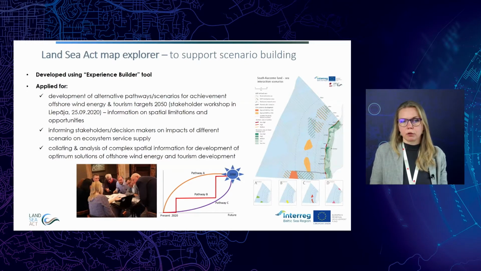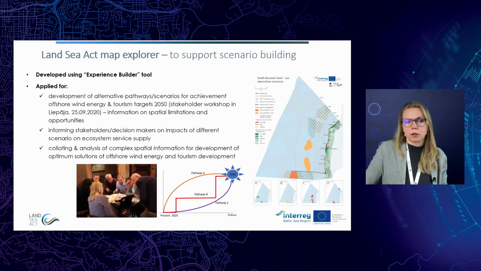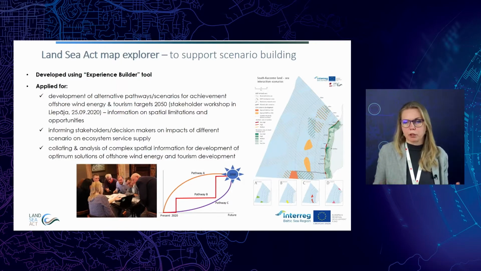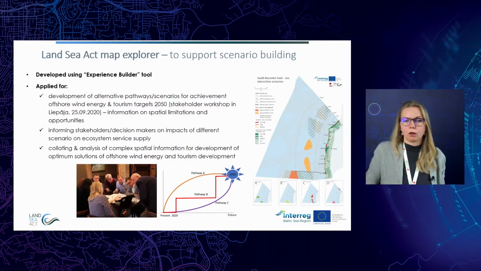And we also used this Map Explorer for informing stakeholders about our impact assessment results of different scenarios, and for collating and analyzing different spatial data sets for developing the optimum solution of offshore wind energy and tourism development in this area, which was the main task of this case study.